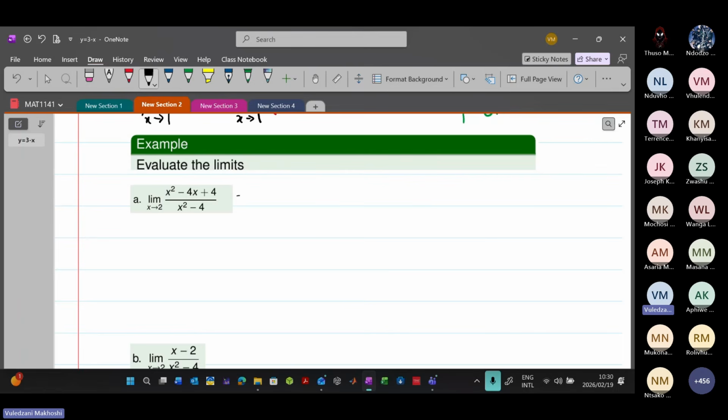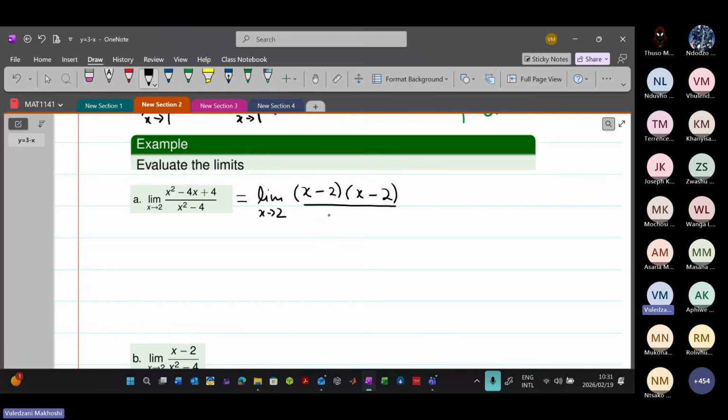We can look at our function in this way. We have the limit as x is approaching 2. The numerator can be factorized as x minus 2 multiplied by x minus 2.